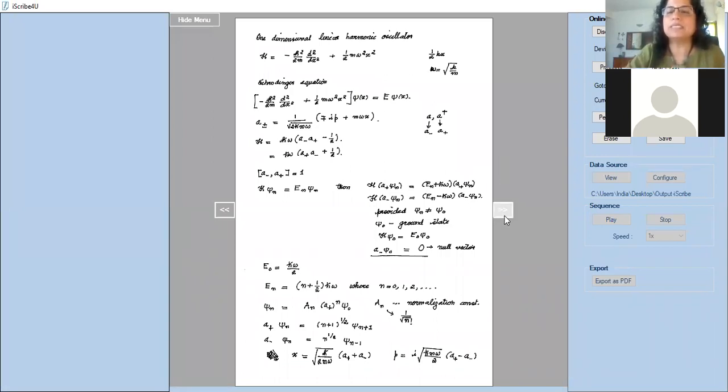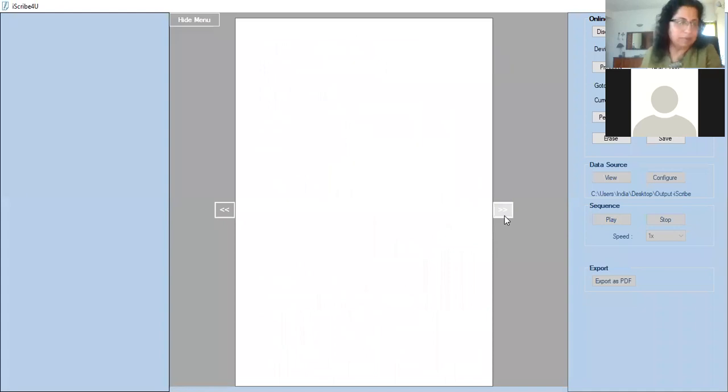Let me just write down the form of the wave function. The wave function, psi n of x, in all its glory, ugly glory let me say.